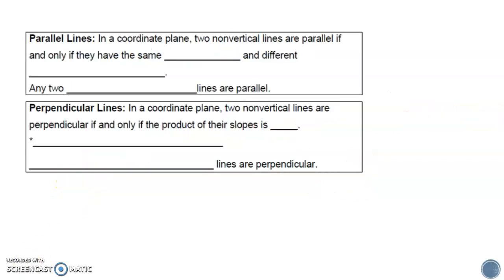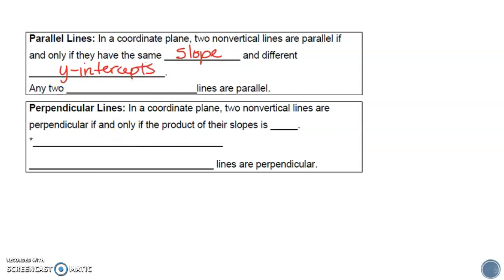So we've talked about parallel lines a lot over the last few days, and we've talked about transversals. So if we have something like that on a graph, we need to discuss the slopes of parallel lines. And you'll recall from the last 2 years of algebra that in a coordinate plane, 2 non-vertical lines are parallel if and only if they have the same slope but different y-intercepts.